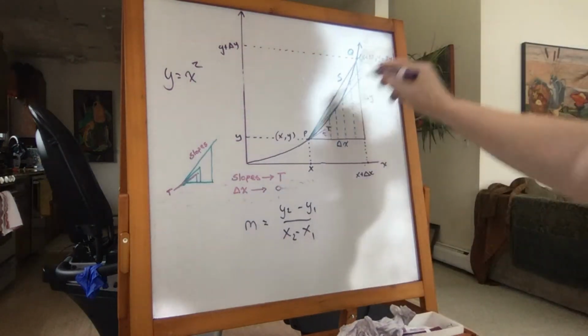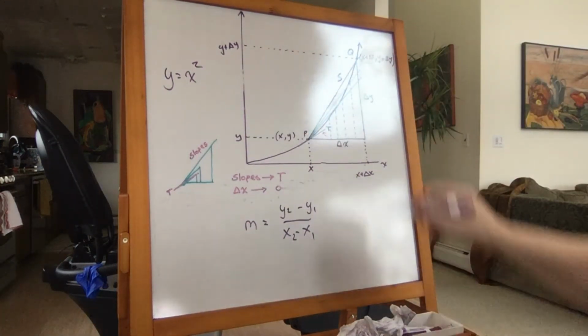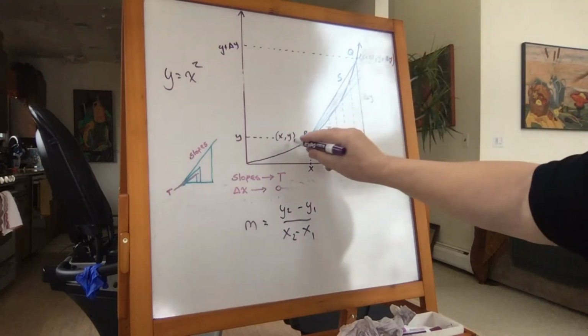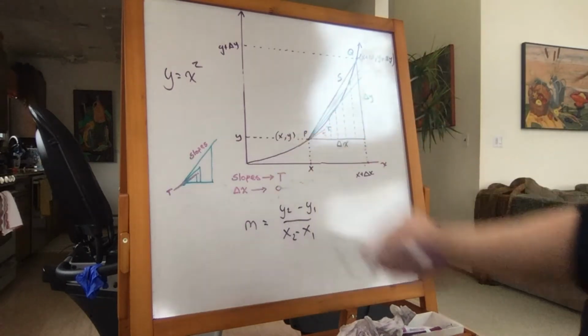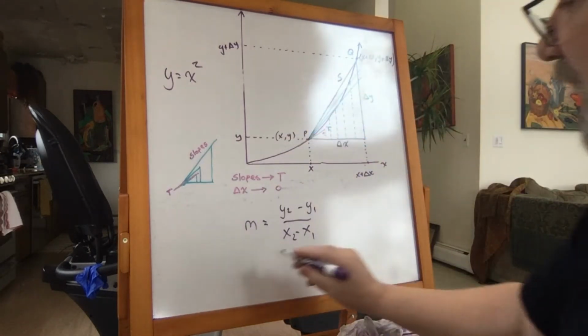Those are our two coordinates. So that's y2, and this is y1, and that's x2, and that's x1.